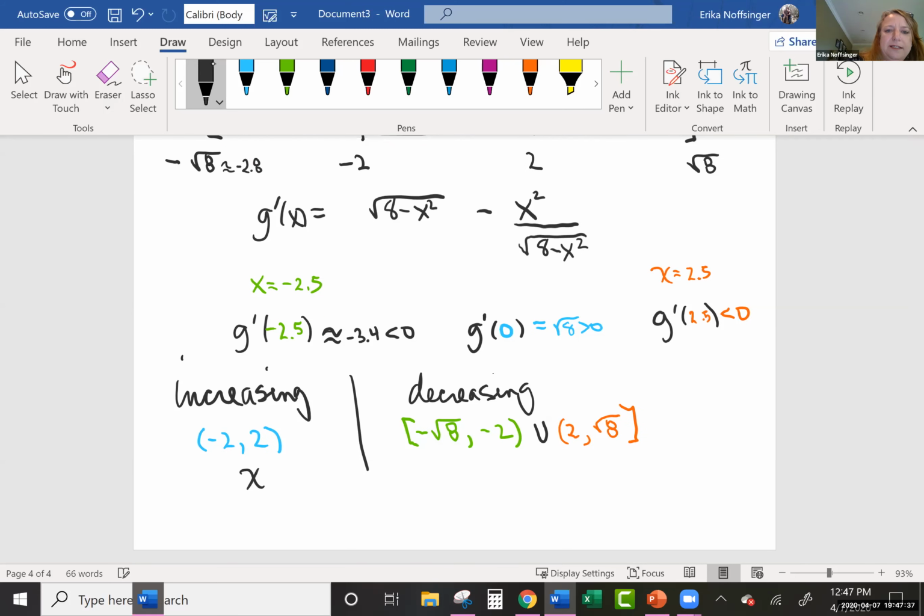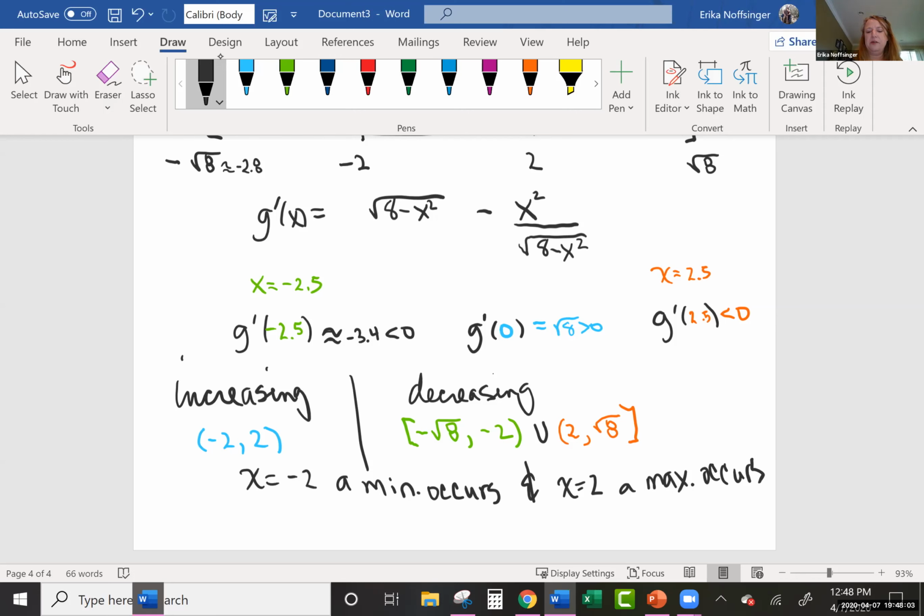So x equals -2 is a minimum, or a min occurs. And at x equals 2, a max occurs. And so remember to figure out the max or the min value, you plug that back into the original function.